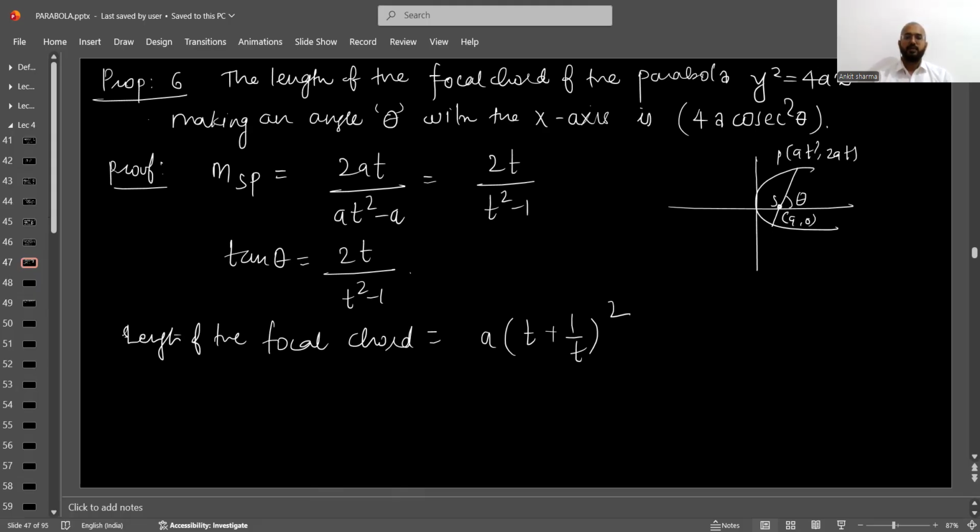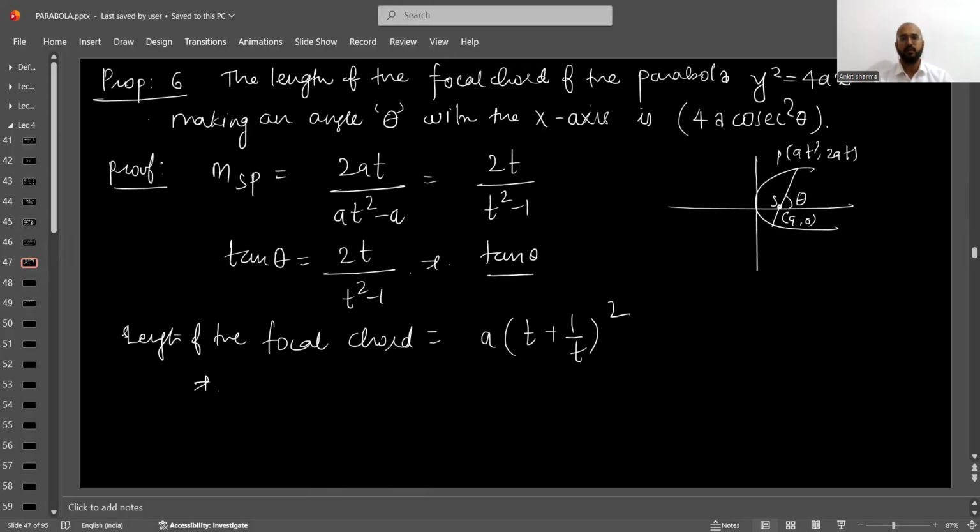Now, if I consider this part, a into (t plus 1 by t) squared, all I need to do is convert this entire length of the focal chord into tan theta. So I get one result here. Tan theta is 2t over t² minus 1, so I need to plug in t here in a suitable form.